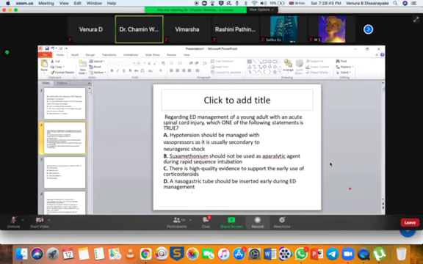The carbon dioxide retention වෙන්නේ because of a problem in the ventilation. So unless we support the ventilation, we won't be able to clear off the CO2.